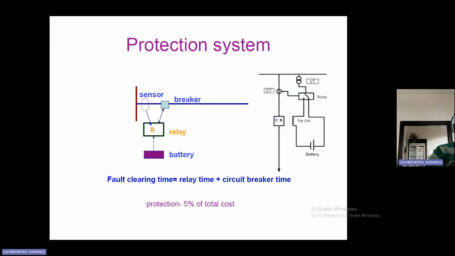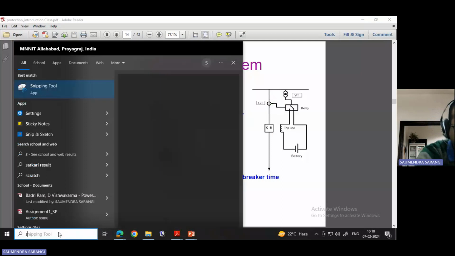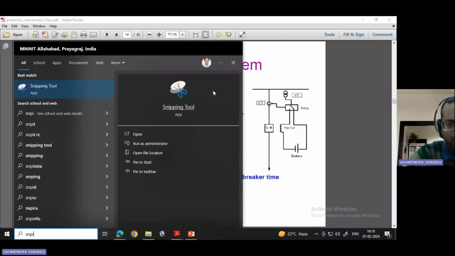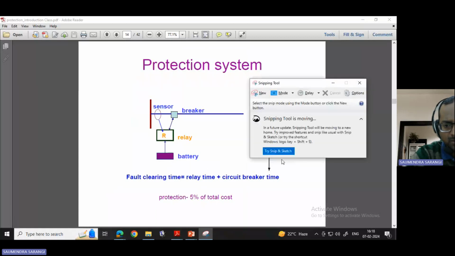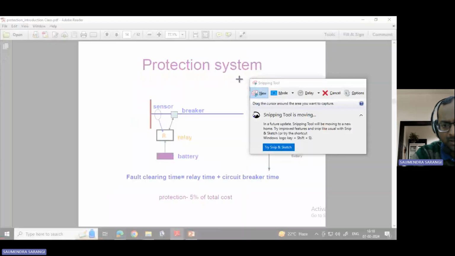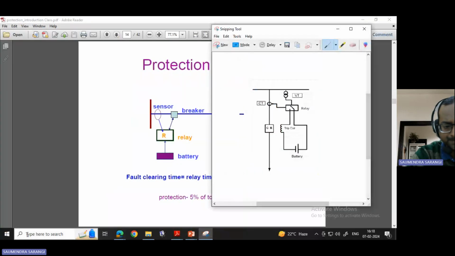We have three parts in this system. The relay is getting its input from the CTPT, and the CTPT refers to the sensors.